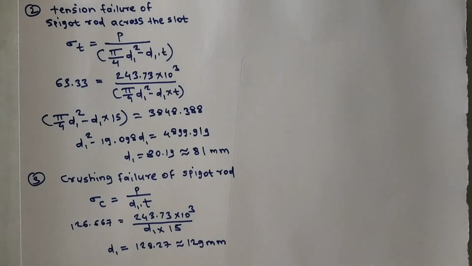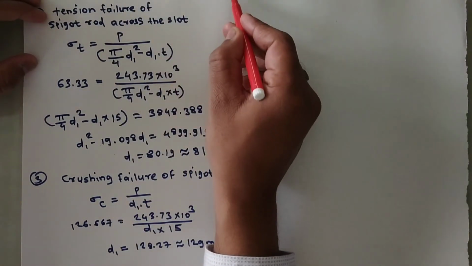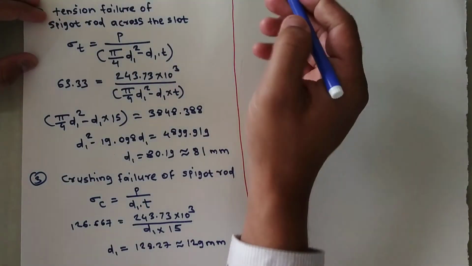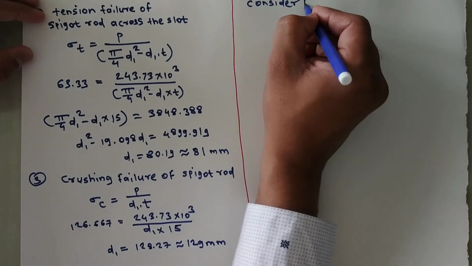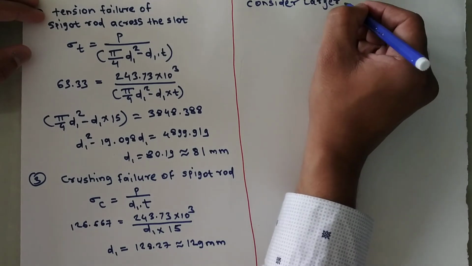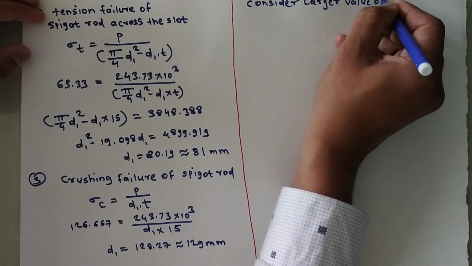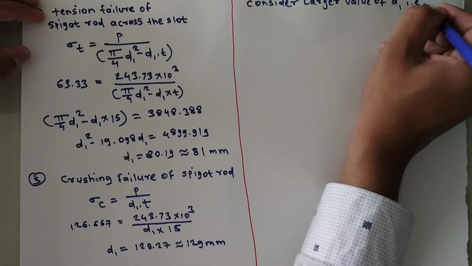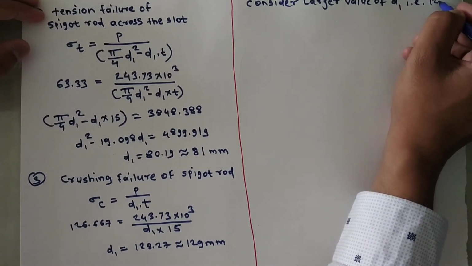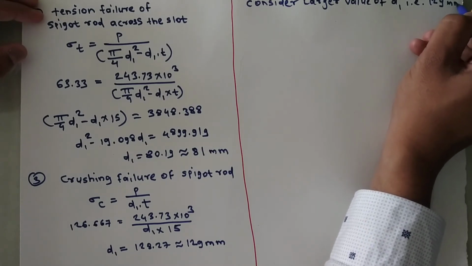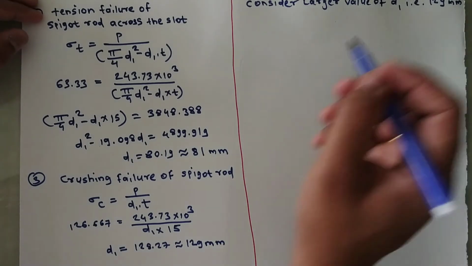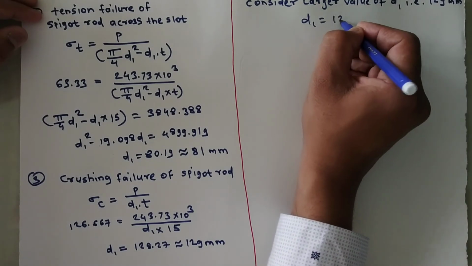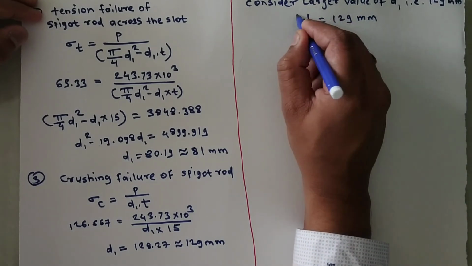So we will consider the larger value of d1 from the two values, that is 129 mm. So d1 is 129 mm.